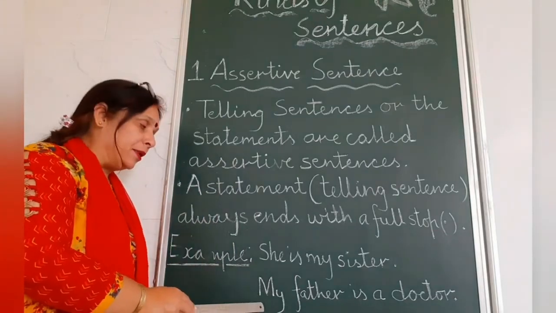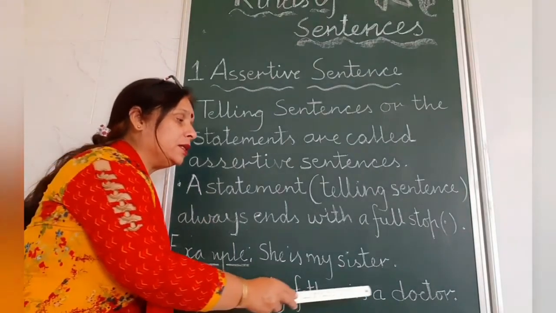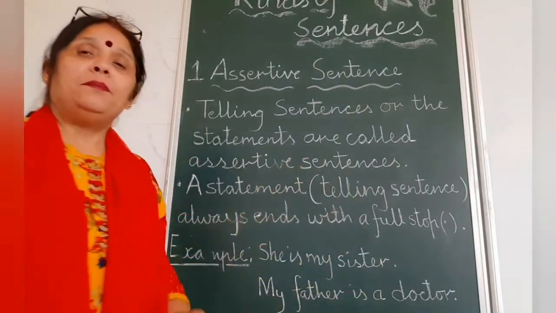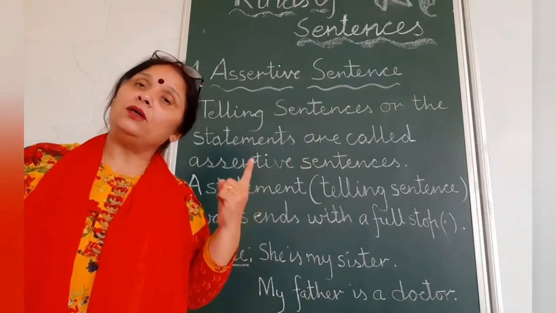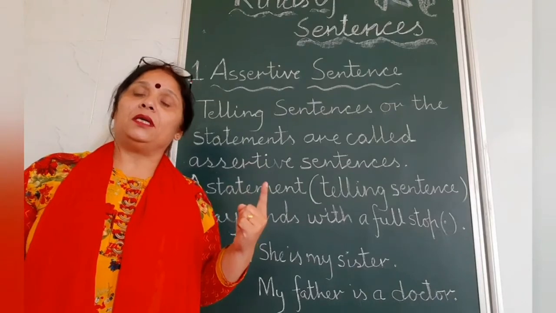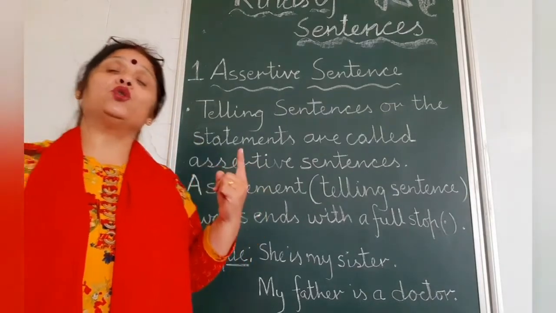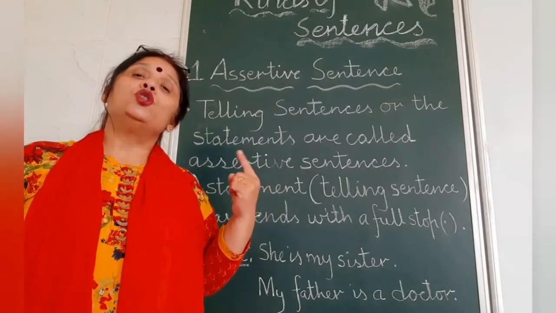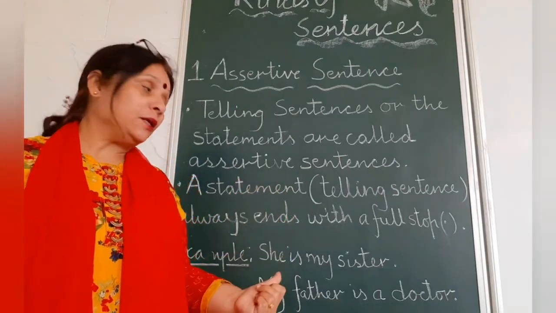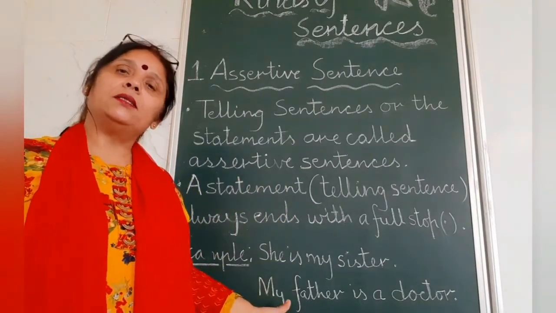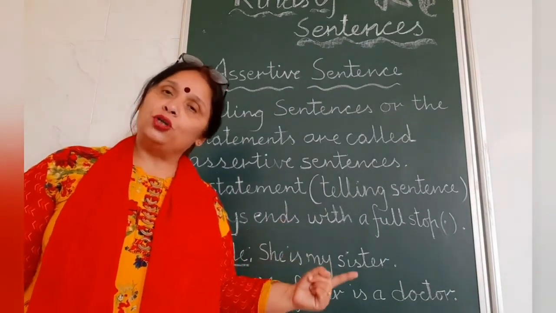One more example is there. My father is a doctor. Means speaker is telling us that his father is a doctor. मतलब कि जो बोलने वाला है या जो लिखने वाला है, means जो speaker है या फिर जो writer है, that person is telling us that his father is a doctor.